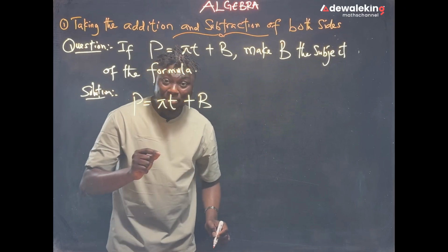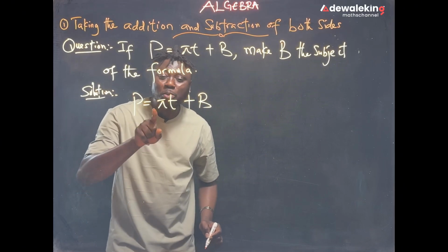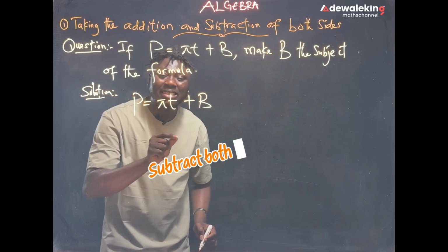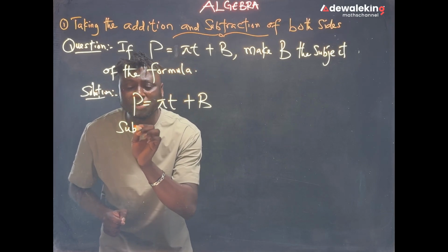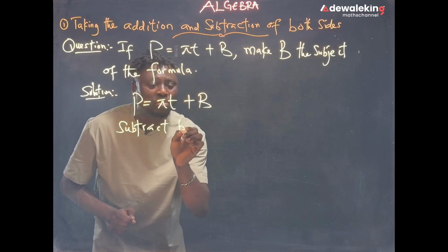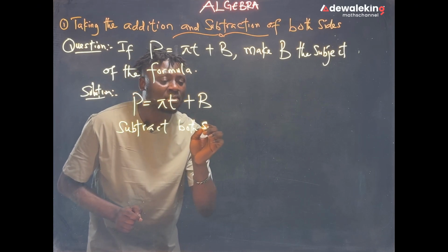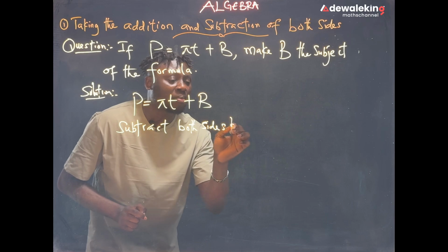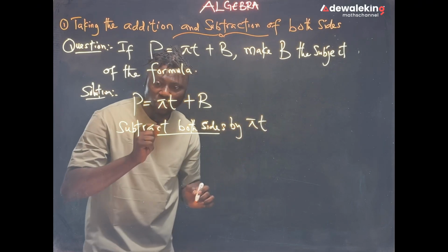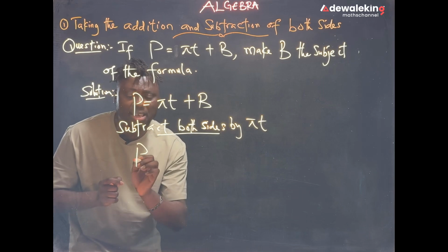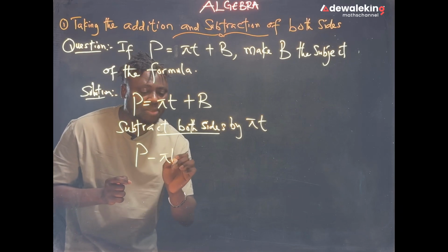So the next step is to say subtract both sides by pi t. Then you write it, subtract both sides by pi t. That's the next step. So we're going to do that now. So we say P minus pi t.